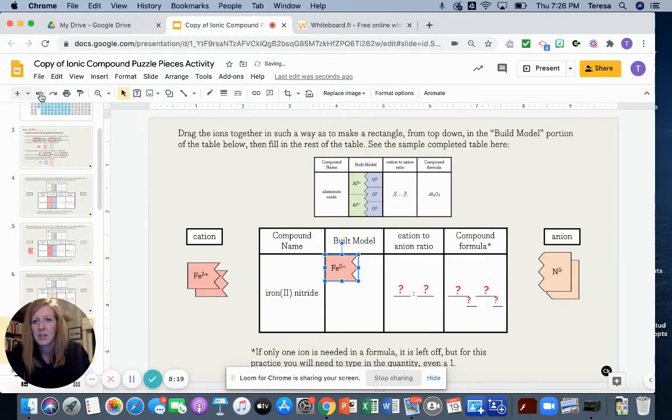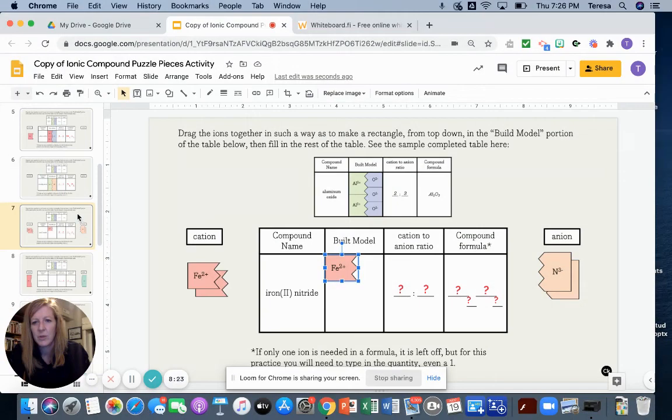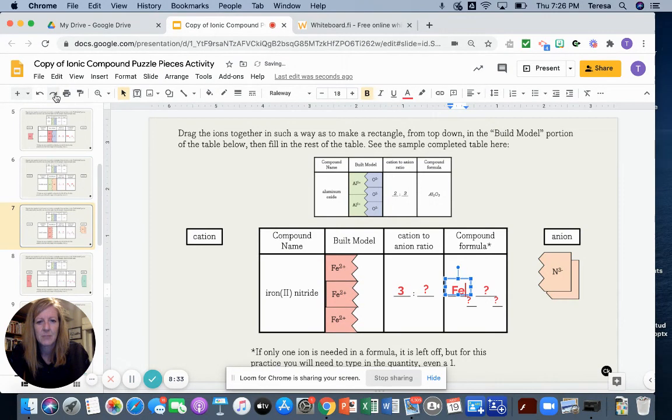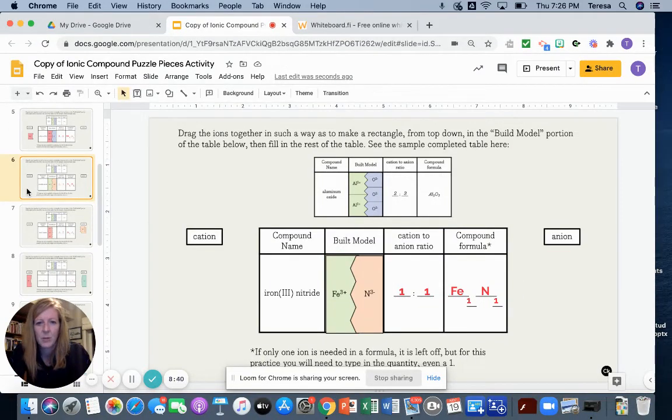So from here, you are going to move on to number 7. And number 7, oh, sorry, I don't know why I went backwards. In number 7, we just went through and did this one. Oh, no, this is iron nitride. Sorry, we were working on number 6 before. Iron 3 nitride.